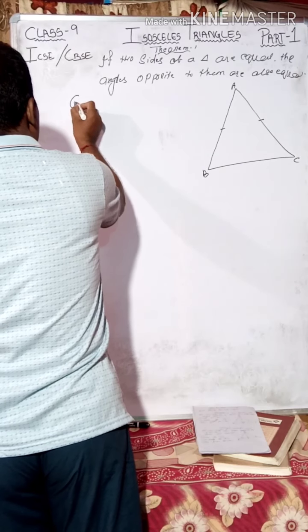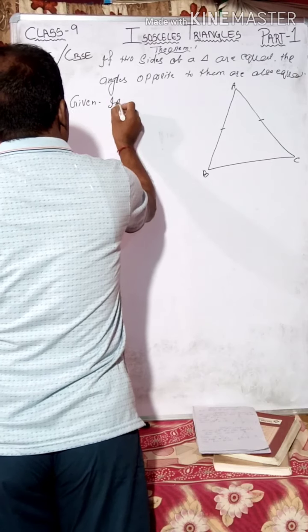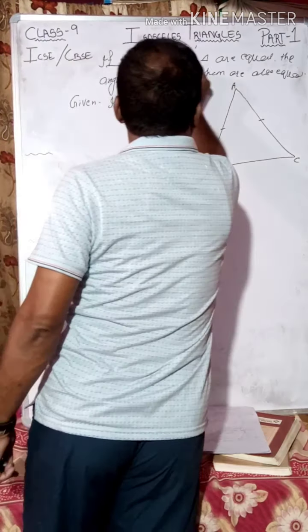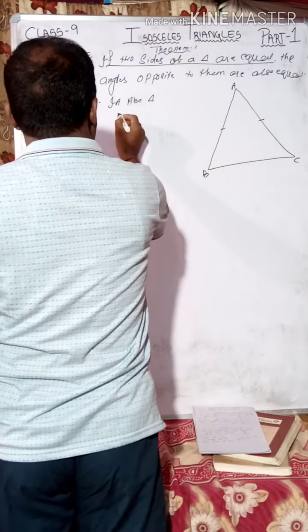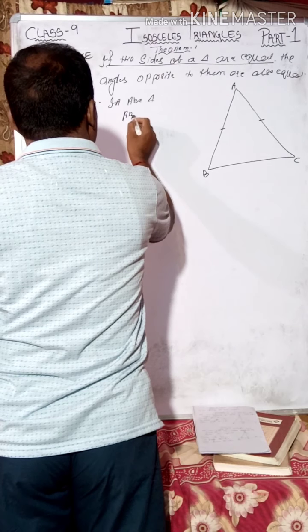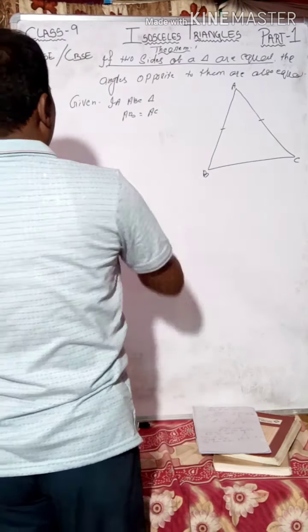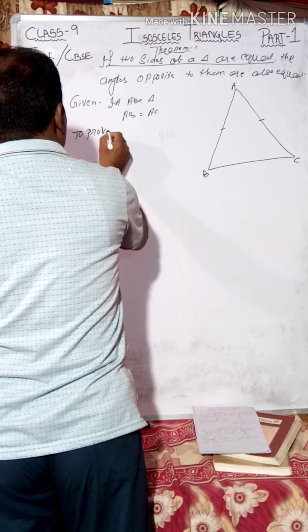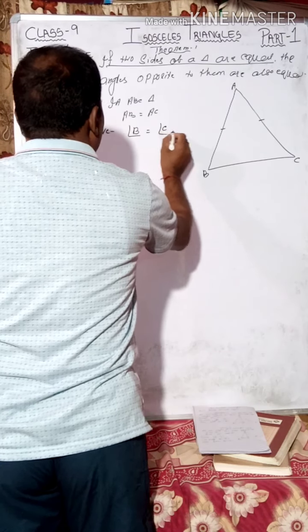So given: in triangle ABC, two sides of a triangle are equal, that is the given point. AB is equal to AC, and to prove: angle B is equal to angle C.